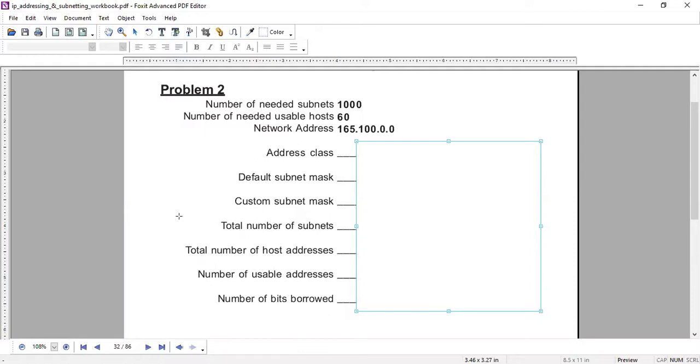Your network address is given as 165.100.0.0. Right? Before we go to the ranges, we'll find out the address class, default subnet mask, custom subnet mask, and all this stuff.